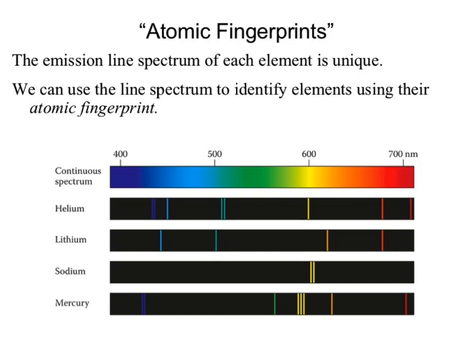So there's 8 lines there. Some of them are hard to pick out because of their proximity to each other. But if we looked at helium, we see 8 lines. What happens when we move to lithium? You see 4. Sodium, 2. Mercury, a different amount. Okay? So the number of lines changes as we change the element.